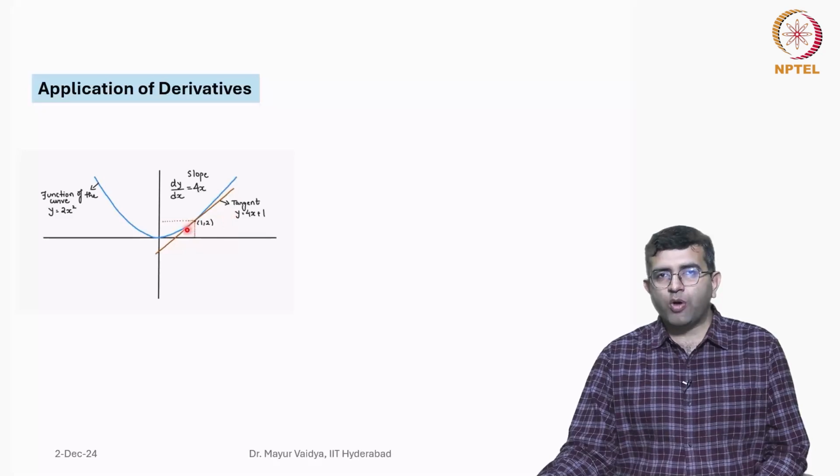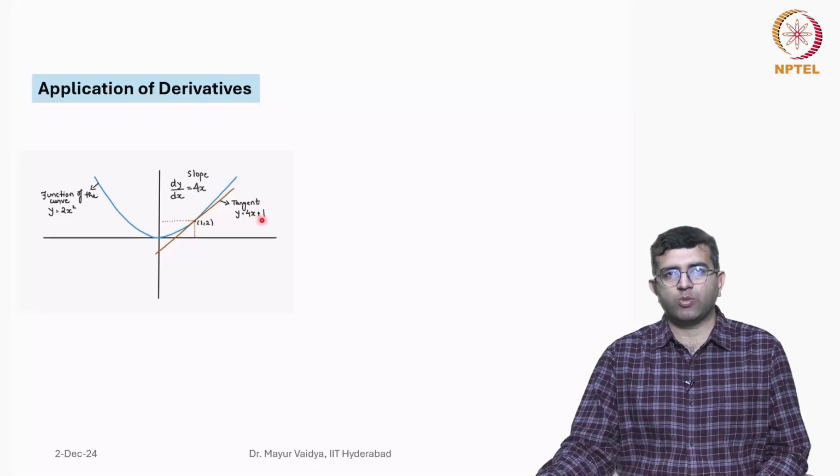And the slope of the tangent is given by, if you differentiate this function, then you get dy by dx is equal to 4x. And at this point, if you put the value x equal to 1, dy by dx is equal to 8. So, that 8 represents the slope of this tangent, and the equation of the tangent is y is equal to 4x plus 1.